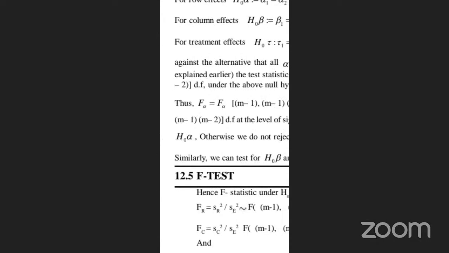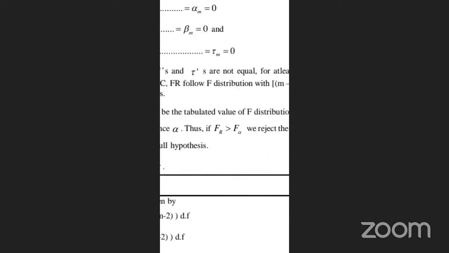F alpha is the tabulated value of the F distribution with m minus 1 and m minus 1 and m minus 2. Already I told you m minus 1 and m minus 1 and m minus 2 degrees of freedom at the level of significance.